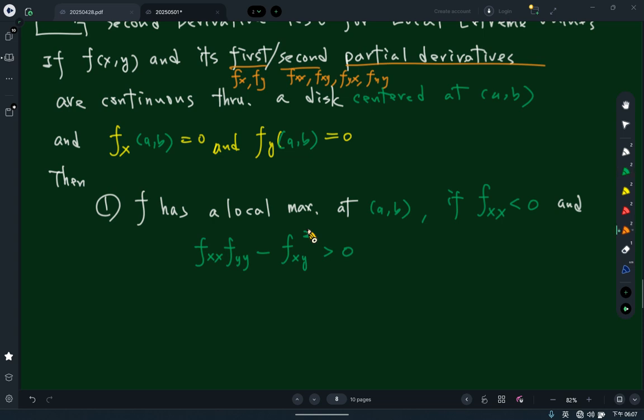So remember two conditions, this one and also this one.